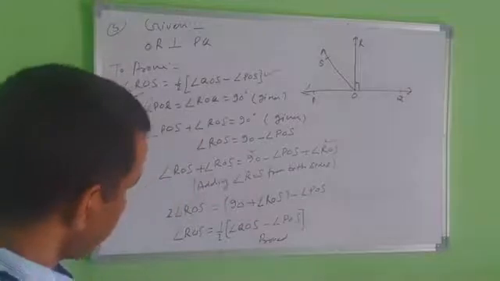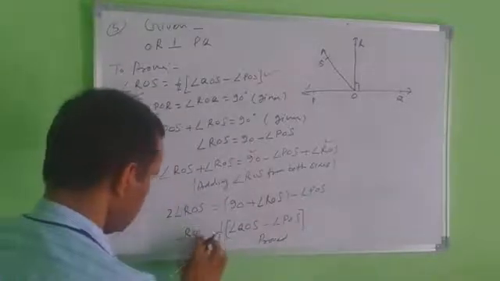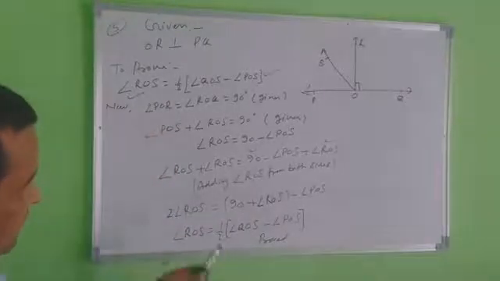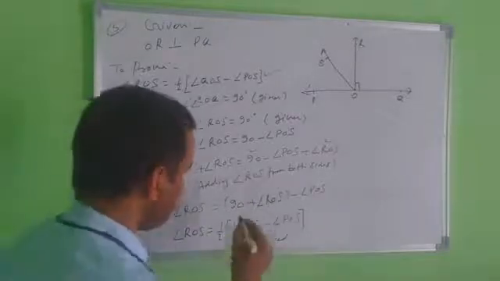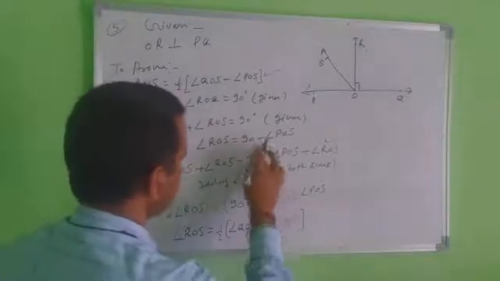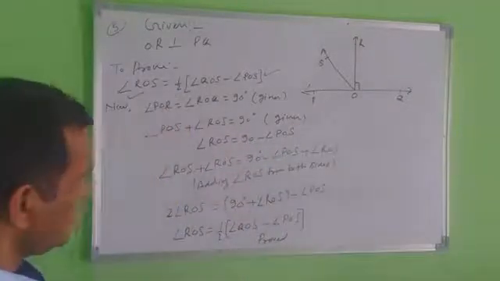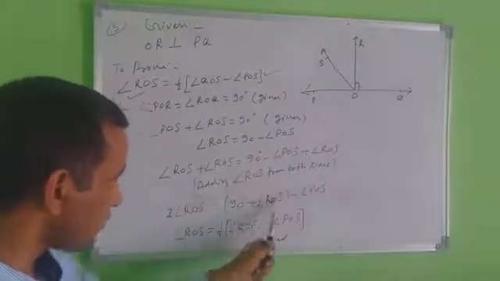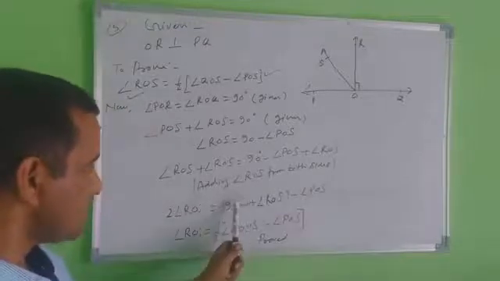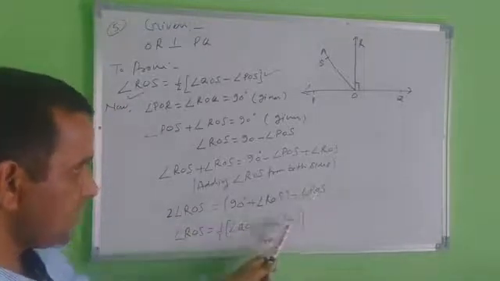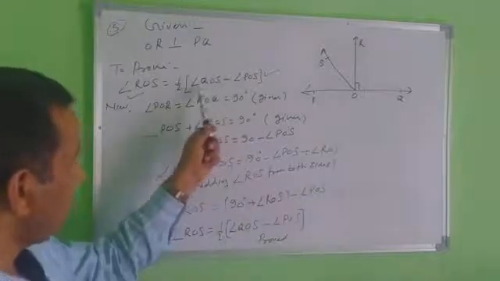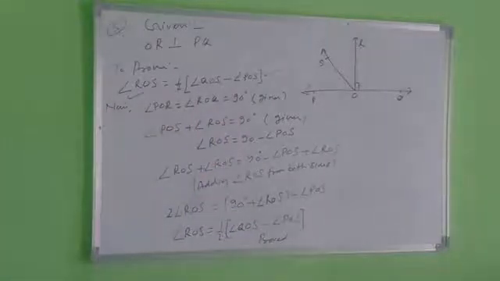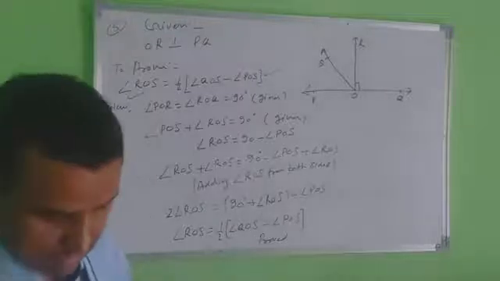These things are proved: ROS equals half of QOS minus half of POS. So this is the proof. The next question will be next. Yes, note it down.